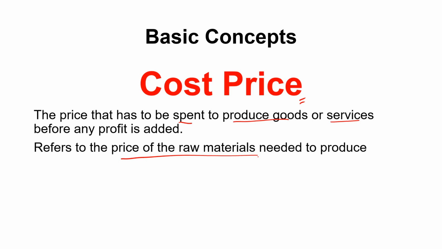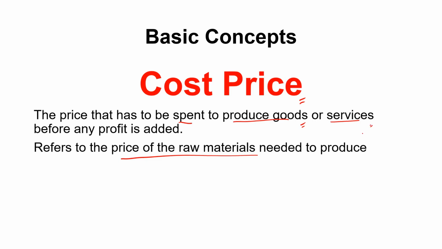Wala pa doon yung profit, wala pa yung gusto mong kita, wala pa doon yung operating price, which is yung pamasahe mo, yung food expenses mo, wala pa doon, class. Okay? So when we say cost price, again, it is the price to spend to produce your goods or services.